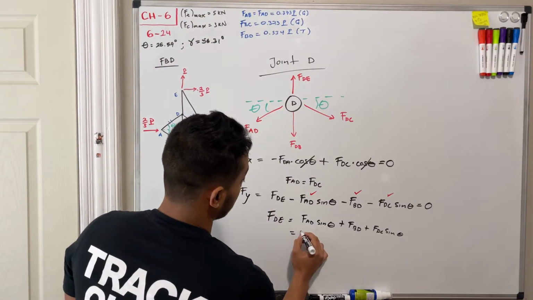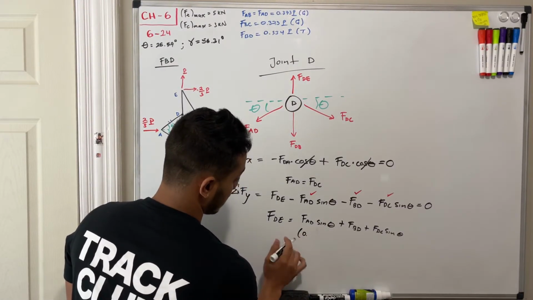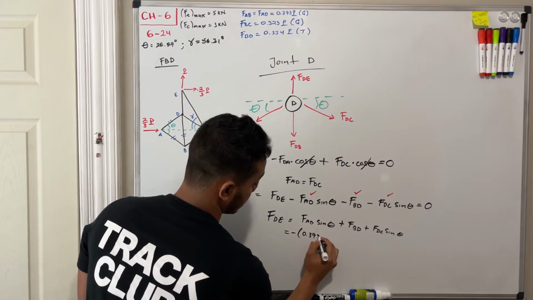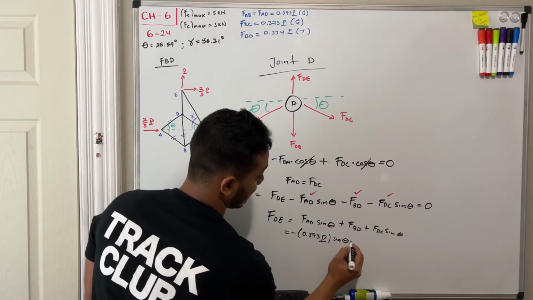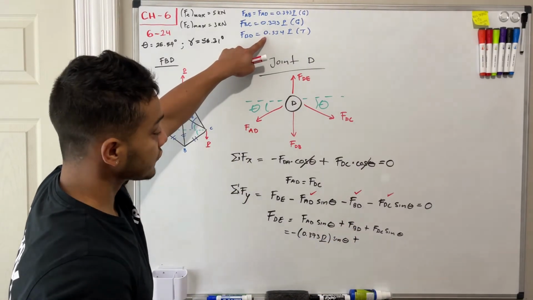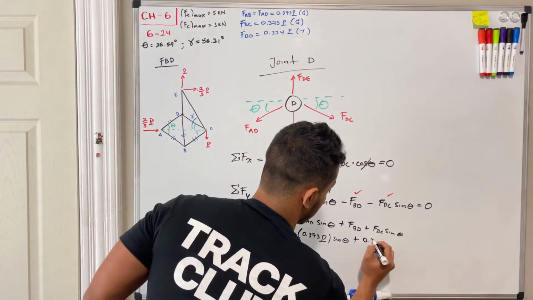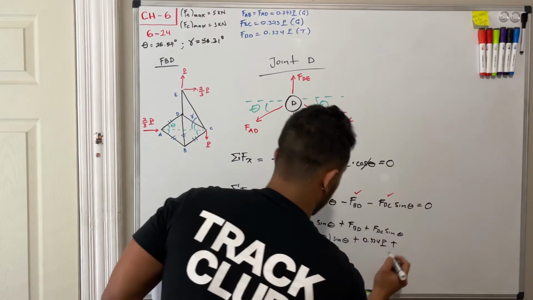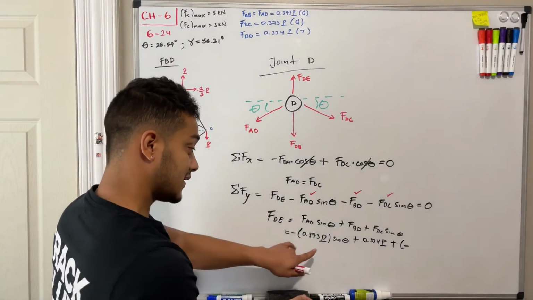So we got negative 0.373 P multiplied by my sine of theta plus FBD. FBD, we got a tension, therefore positive 0.334 P plus negative, and DC is the same as AD.